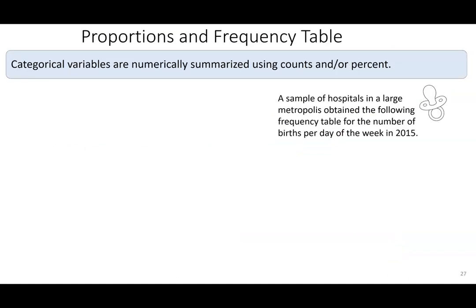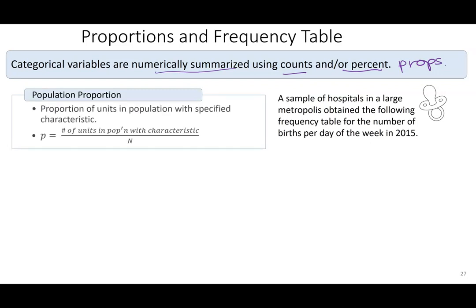Okay. So when we have a categorical variable, they can be numerically summarized using counts, percents, or proportions. We usually stick to proportions a lot of the time. So a population proportion, that would be looking at the proportion of units in a population with a specified characteristic.